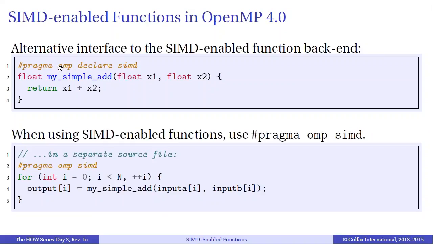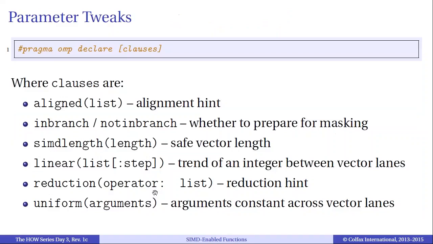And the pragma hint corresponding to that is pragma omp SIMD. So these are all parts of the OpenMP 4.0 standard. This pragma tells the compiler that it has to compile this function several times, preparing for usage in a data parallel context. And that pragma tells the compiler that there is a special implementation in the library file, so it has to look for it.